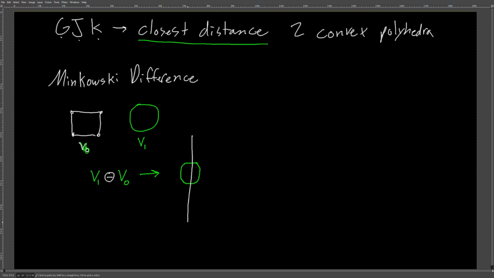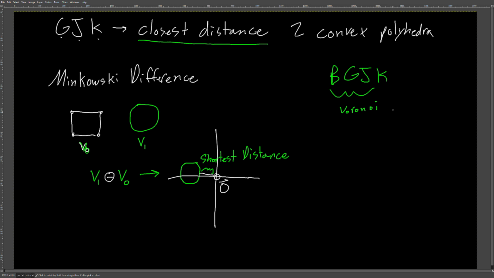But because we're actually subtracting vertices from one shape into another, we get a reduced volume for that shape. Moreover, what we can do is check the closest point of this new Minkowski shape in our configuration space, check its distance to the origin, which is the shortest distance between these two shapes.